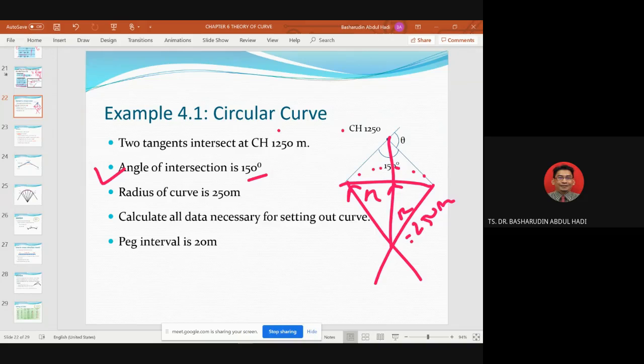Calculate all data necessary for setting up the curve. Tape interval is 20 meter. They want to mark at 20 meter here, 20 meter here, 20 meter here, on the ground, and then they connect with a string and add the new road, new curve. So this is an example of calculation for a simple circular curve.